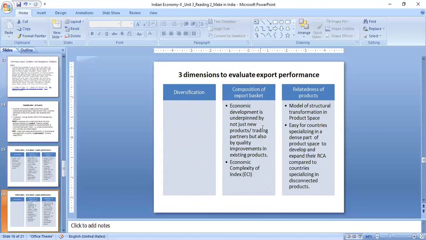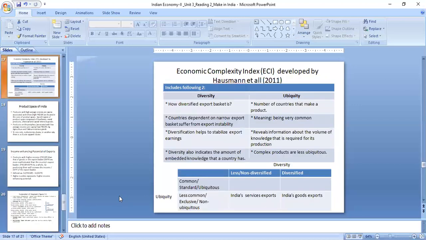So economic development is not just about new products or finding new trading partners, but it also requires quality improvement in existing products, which we can easily relate to innovations. This is measured by economic complexity index that we soon start, which is the next slide.